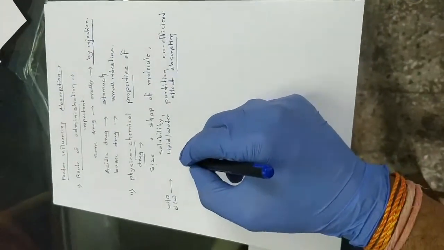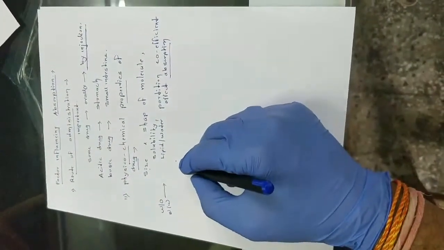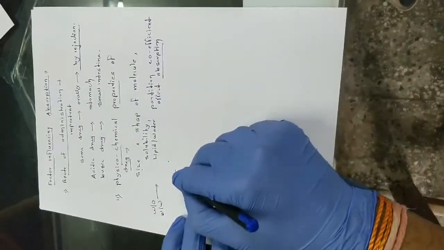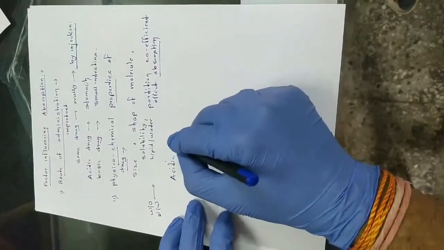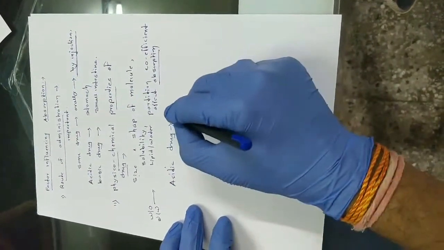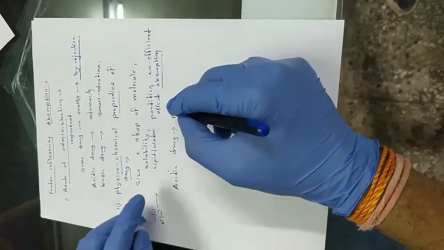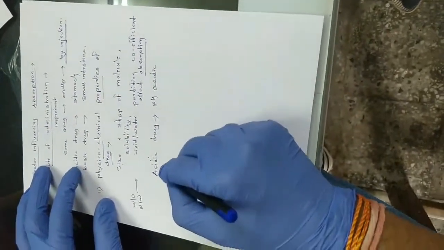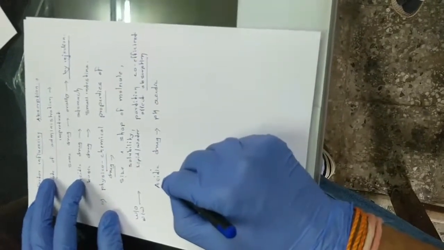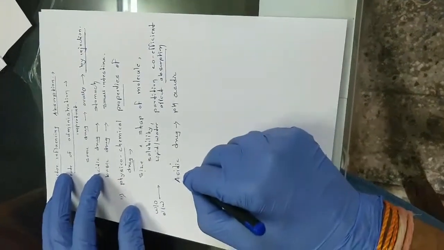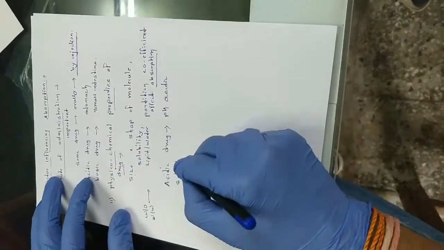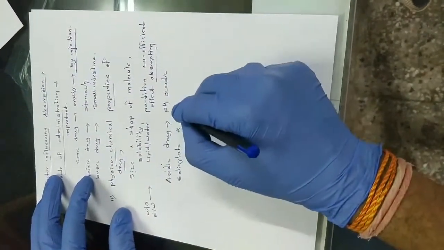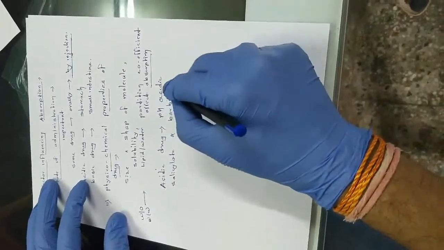Next, for example, acidic drugs. For example, see the acidic drug, their pH is acidic. Examples are salicylate and barbiturates.